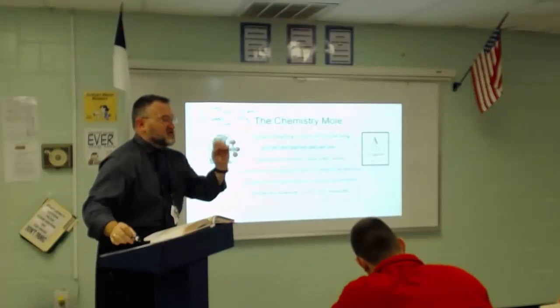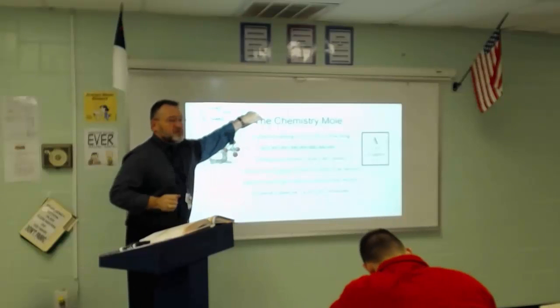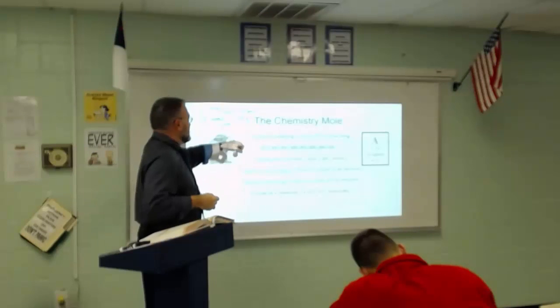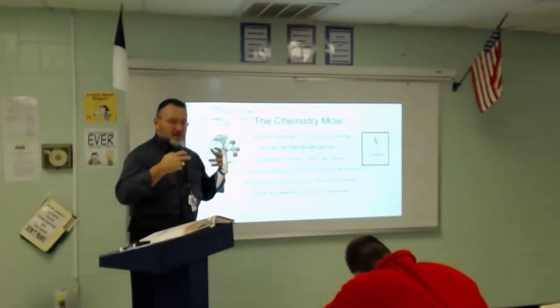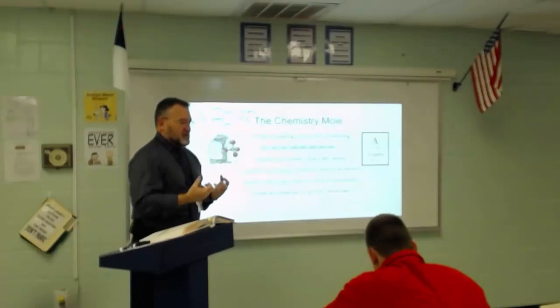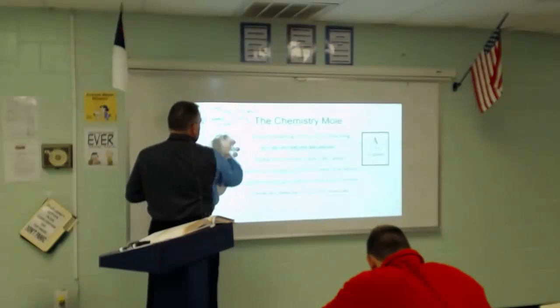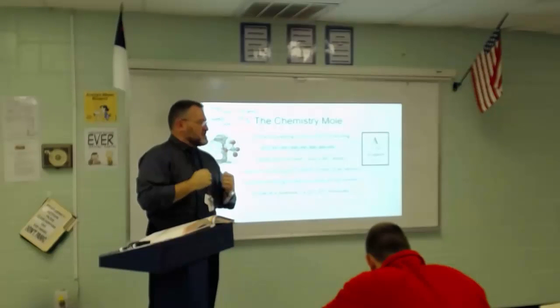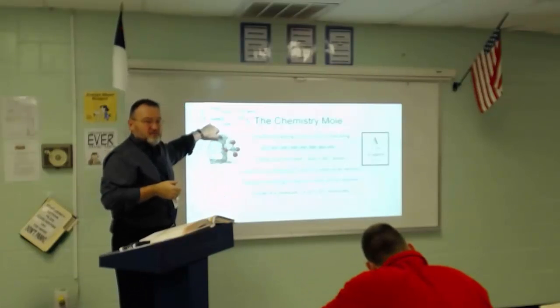See, I take the same exact number. If I can see that it's 12 AMU, then I know to have 1 mole of it, I need 12 grams of it. I use the same number, different units. So whereas 1 atom is 12 AMU, 1 mole of atoms, 6.02 times 10 to the 23rd carbons, is going to have a mass of 12 grams.